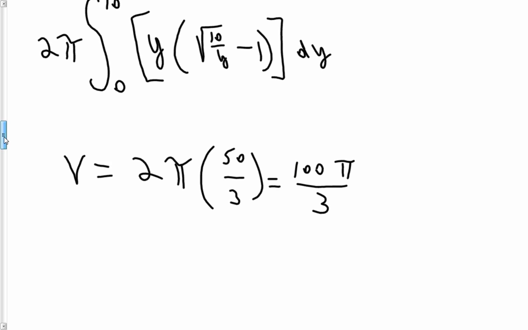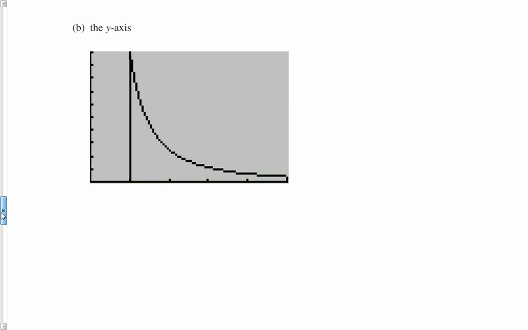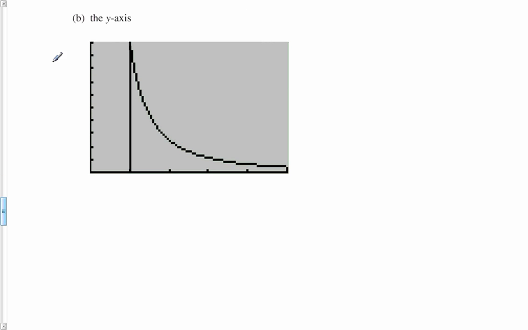Now, the next thing I want to look at is what we get if we revolve this region around the y-axis. So once again, is this region on the inside here, the region that I previously had colored in blue? And I want to revolve it now about the y-axis.